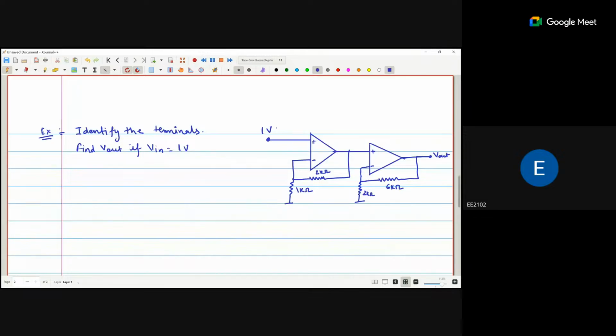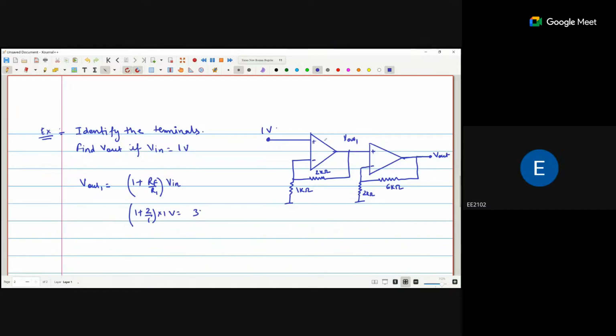So if I say this is V out 1, what is the value of V out 1? So 1 plus RF by R1 times V in. So 1 plus 2 by 1 multiplied by 1 volt.